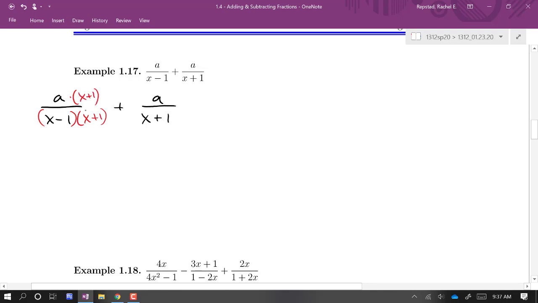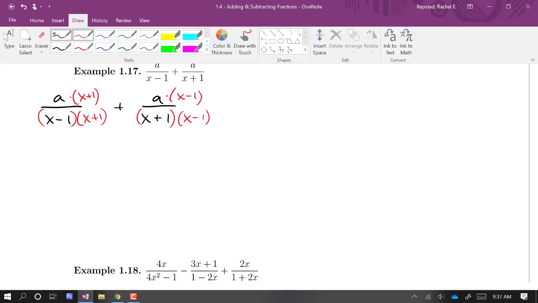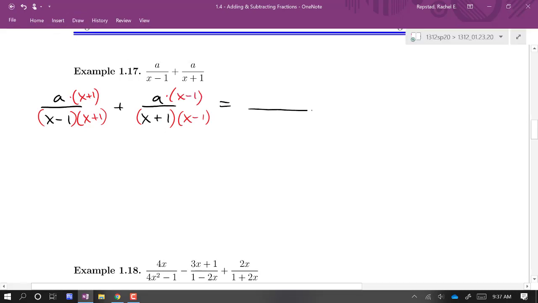They look similar, because one's x minus 1 and one's x plus 1, but they're totally different. What does the other one need? x minus 1. So our common denominator is x plus 1, x minus 1.